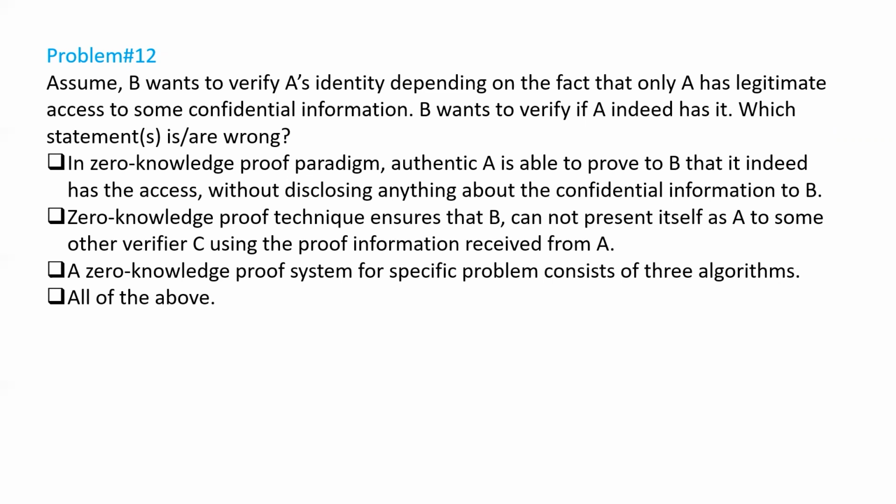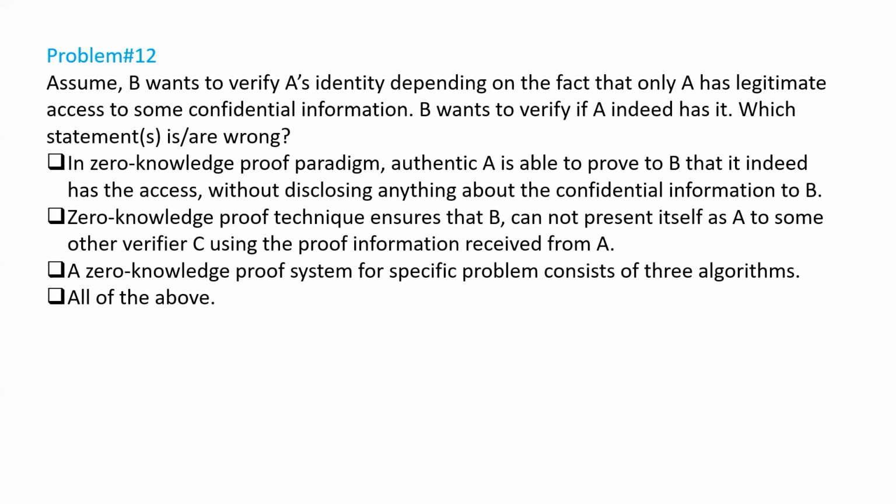The third statement says that a zero knowledge proof system for a specific problem consists of 3 algorithms. This is actually wrong, because a zero knowledge proof system consists of 2 algorithms: one is the proving algorithm and the other is the verifying algorithm.